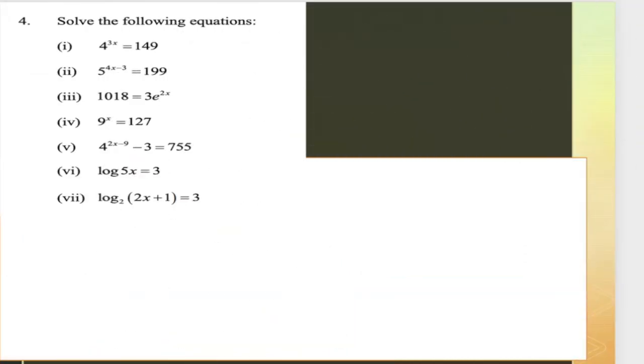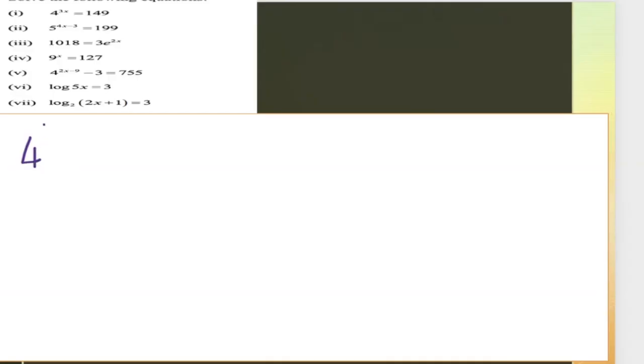Now, the last thing that we're going to look at is how to solve equations using logs. So we have 4 to the 3x equal 149. What we're going to do, because we cannot change the 149 to base 4, or we can't get them to be the same base, we can do one of two things.